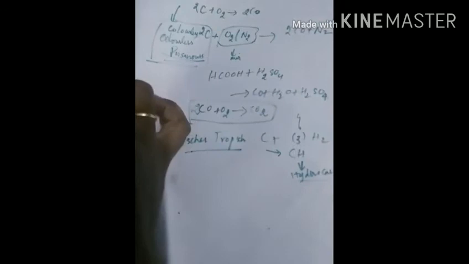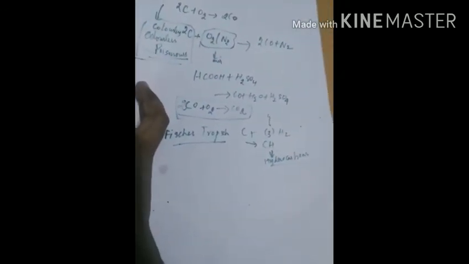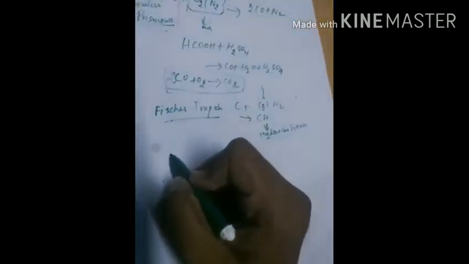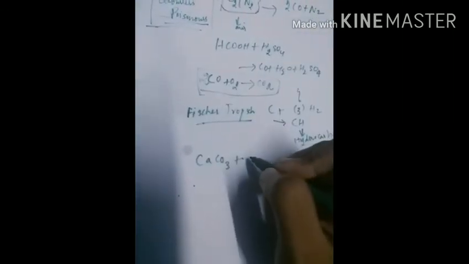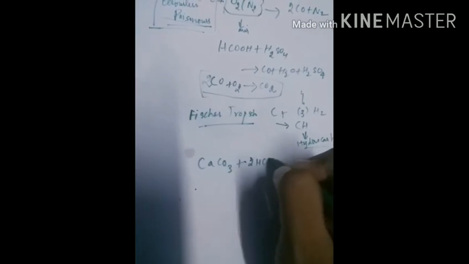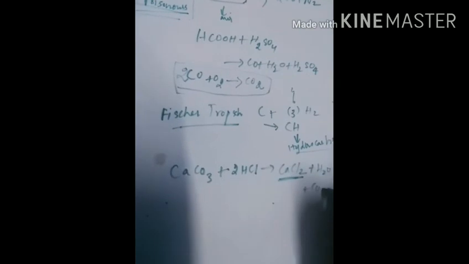So this is all about carbon monoxide. Now carbon dioxide can easily be produced. The easiest method is using calcium carbonate, CaCO3. If you treat CaCO3 with HCl, you easily get calcium chloride, which will precipitate, and water will be formed plus carbon dioxide.